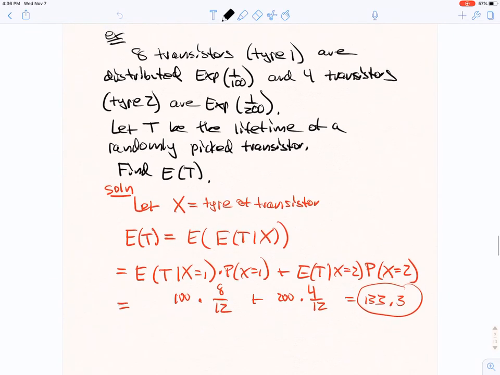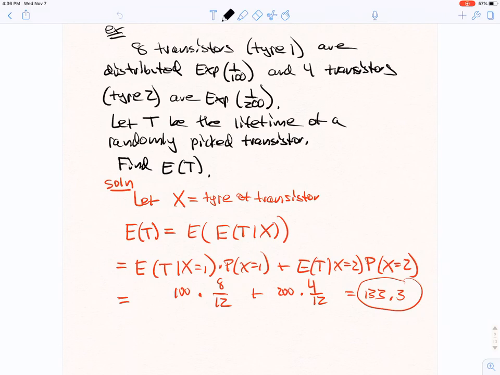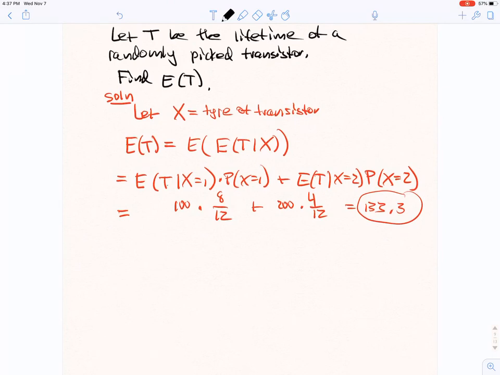So it makes sense here. The whole point is I may not know what the expectation of T is, but I do know what the conditional expectation is, because the conditional distribution of T given X has a distribution that I know, namely exponential 1/100 or 1/200. And I know the expectation of that distribution.